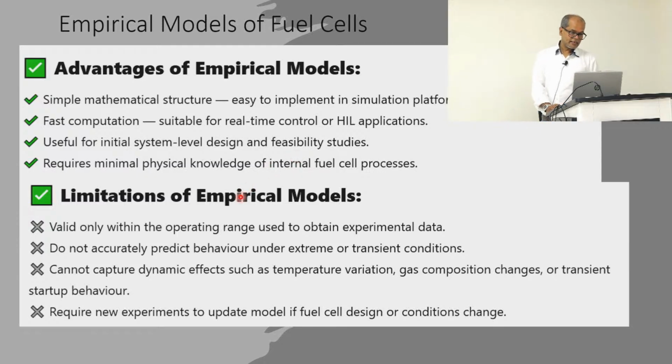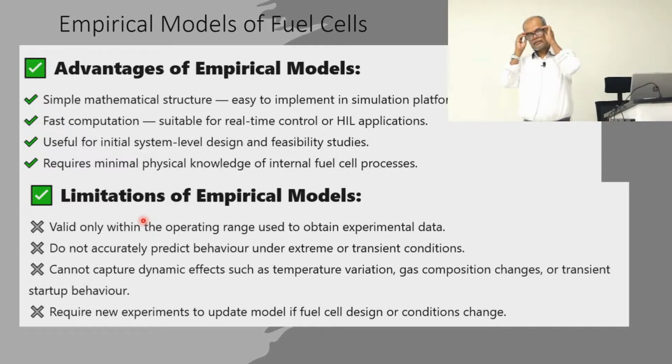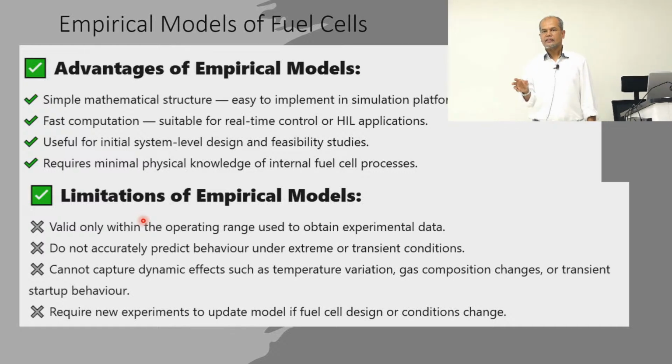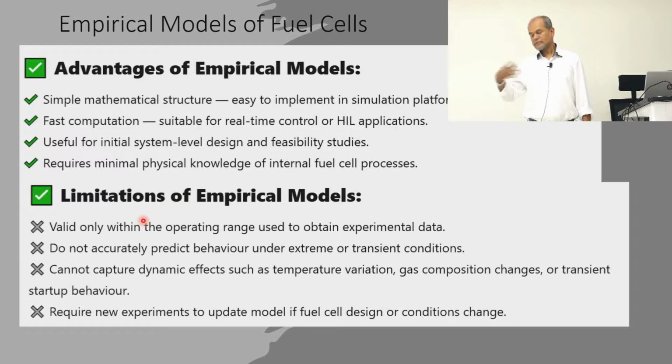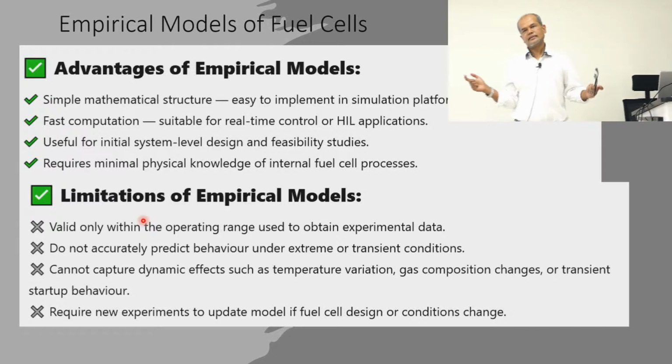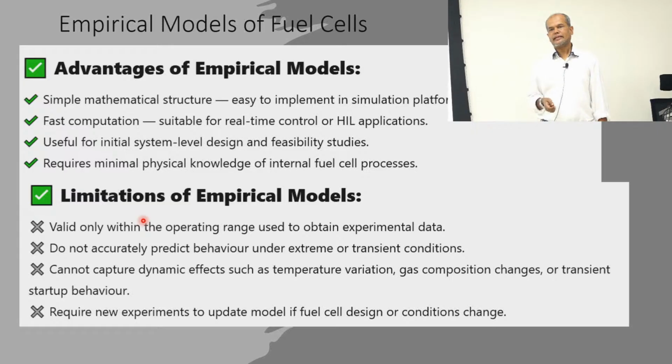But definitely it has a number of limitations, because when you do the experiment, we consider certain operating conditions, right. So, let us say you are considering one particular fuel cell, it has a particular voltage, current and power rating, and also a particular temperature. But if something changes, like you change the fuel cell rating, or you change the input hydrogen flow, anything changes, you have to do the experiment again.